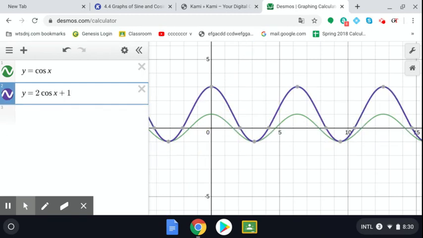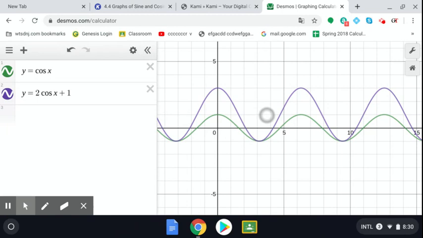So you can clearly see here that there is no horizontal shift, right? The midline now is 0, 1, 2, 3. Okay, so yes, this is the midline over here.